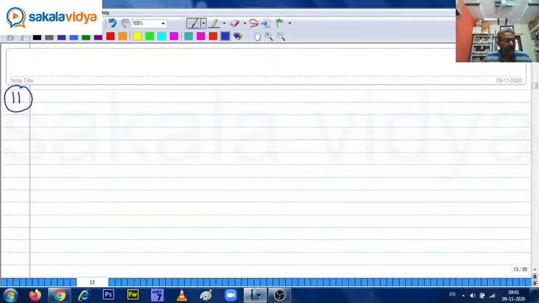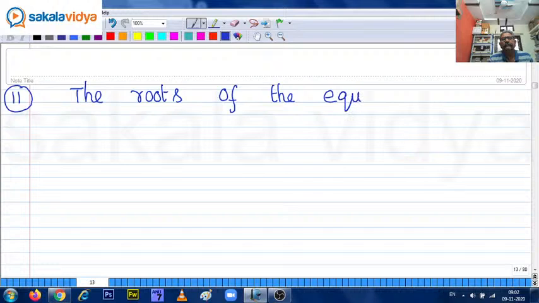So 11th question. The roots of the equation x square minus 2x plus 1 equals 0 are.